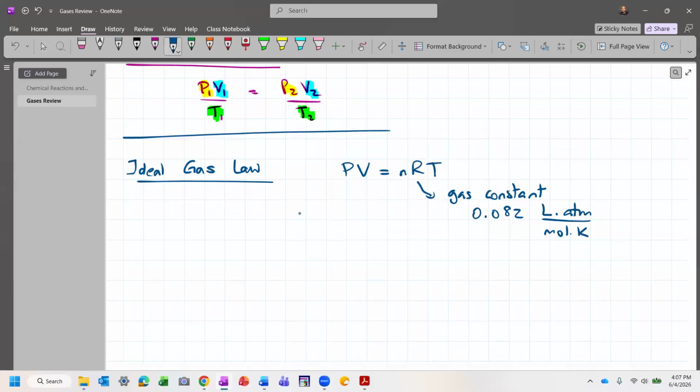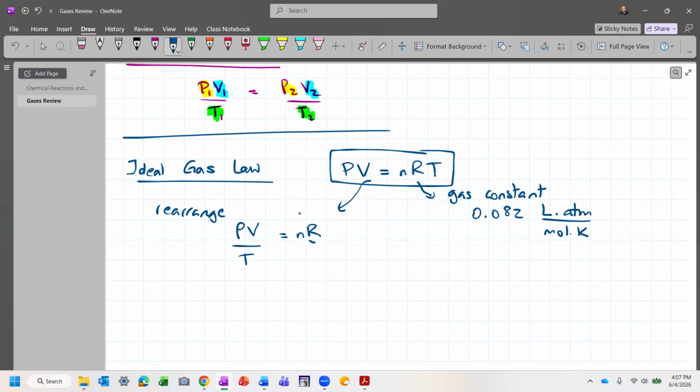All right, so this has all four of the variables in it, and I'll just show you really quick. If I were to rearrange that equation, what I end up with is PV over T is equal to nR. I just divided both sides by T, and that gives me the relationship between pressure, volume, and temperature.